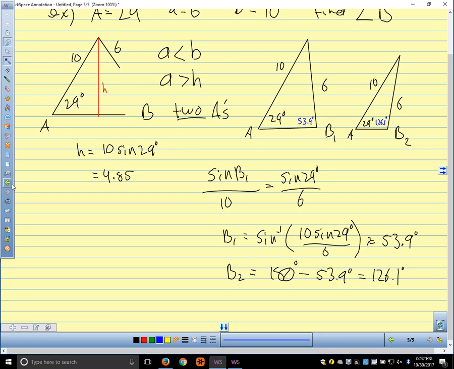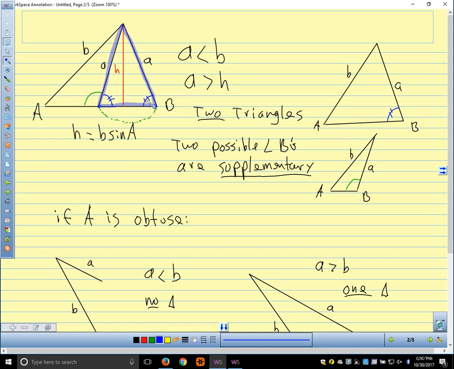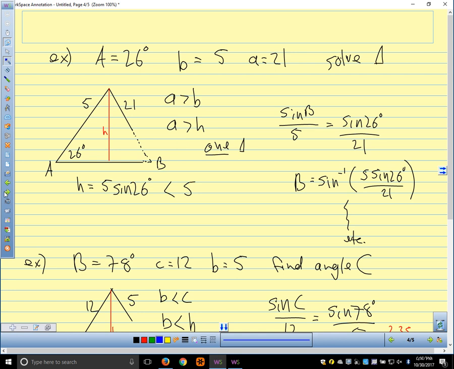If I go back to this drawing, this first possible angle B is supplementary to this other possible angle B, because when I draw it out like this, they make a linear pair. Okay? Questions?